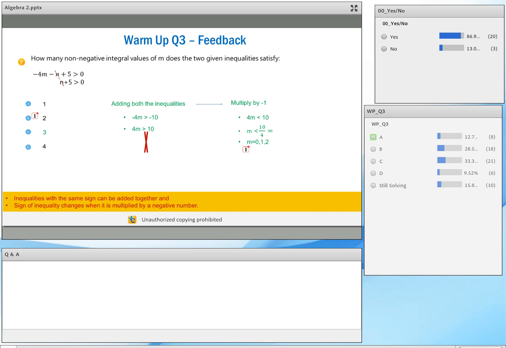So there are two main learnings that come from this question. First of all, when you multiply both sides of the inequality by a negative number, you need to flip the sign of the inequality. I want you to write that down in your notes in caps, because that is a very, very important property to solve inequalities.